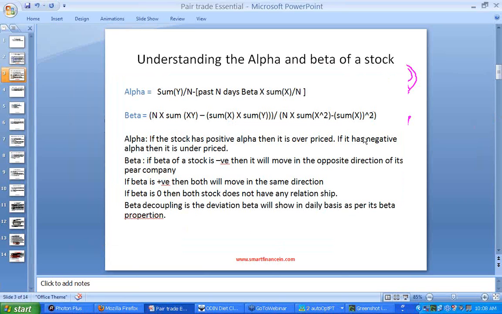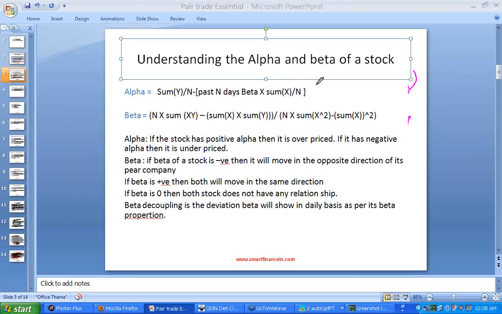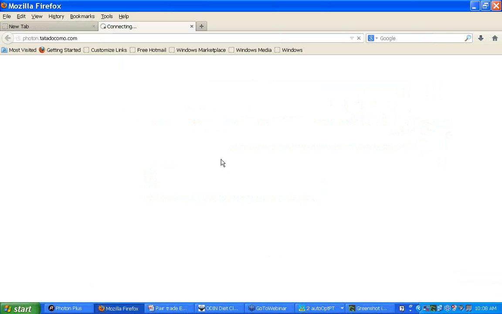I got only one answer: the independent one, X, should be bought, and Y should be sold if the decoupling is positive and above +2. Better, you can say above +3 also, to be on the safer side.